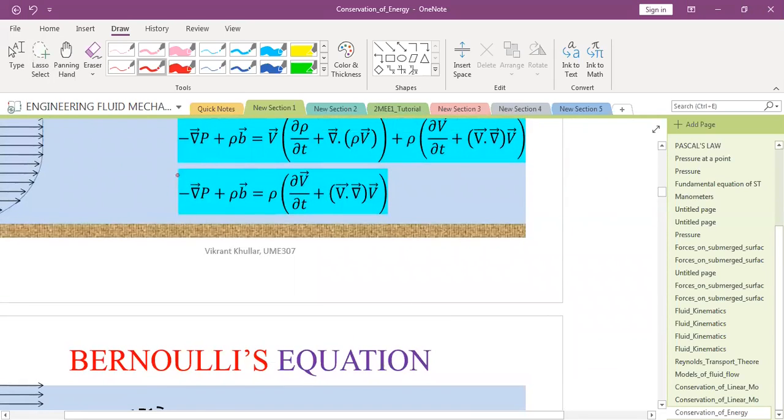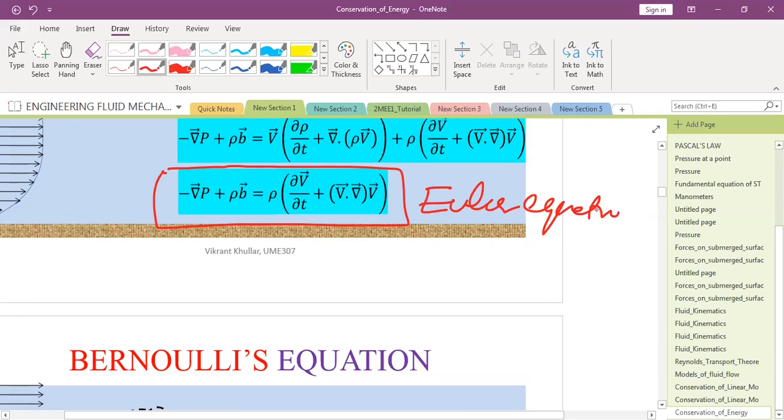So this is the starting point of Bernoulli's equation now. Till this point, this is still an Euler equation. The only thing I have done is make certain mathematical manipulations to the Eulerian part of the equation. The Lagrangian part remains the same.